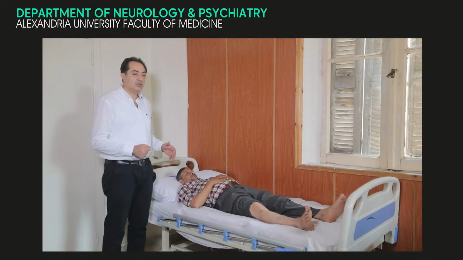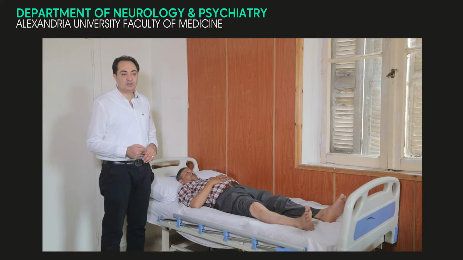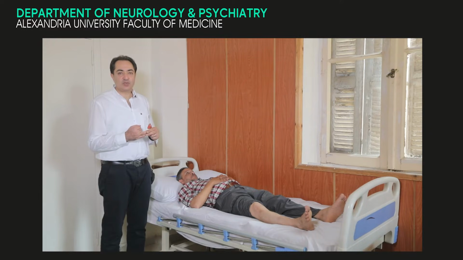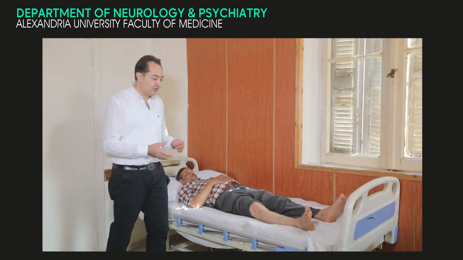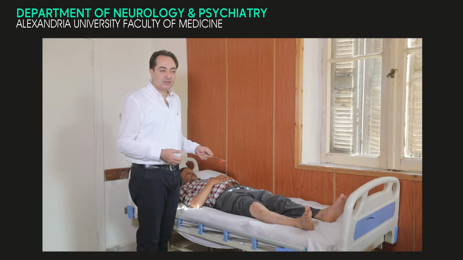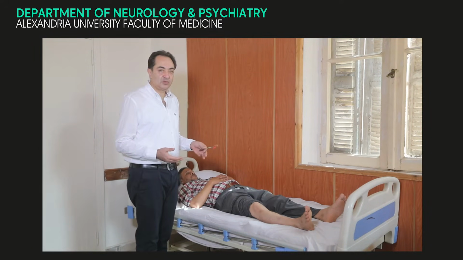Then after making the deep reflexes, we should grade the reflex. What are the gradings of the deep reflexes? It's either grade 0, 0 plus, 1 plus, 2 plus, 3 plus, or 4 plus. So what's grade 0 and 0 plus? When I do the reflex and it is absent, I would ask for reinforcement.